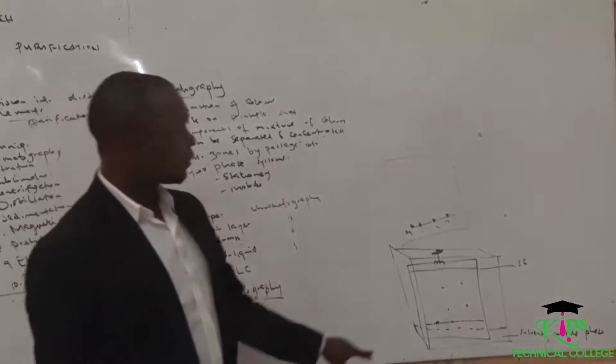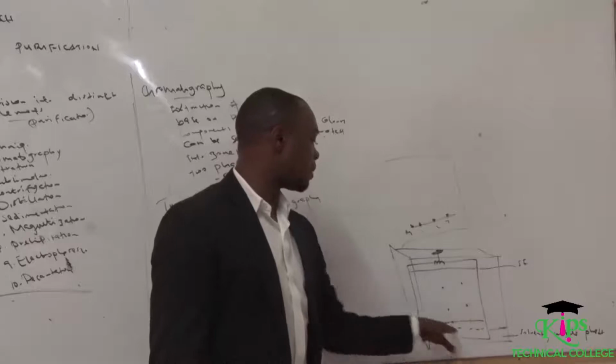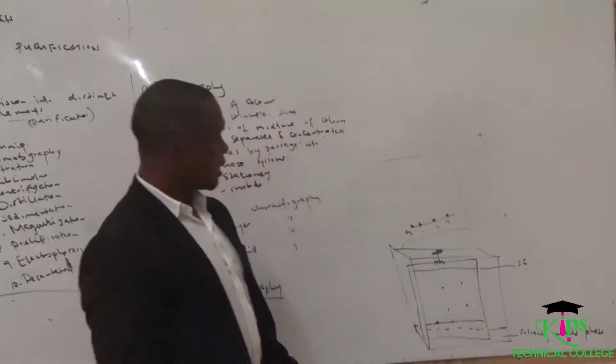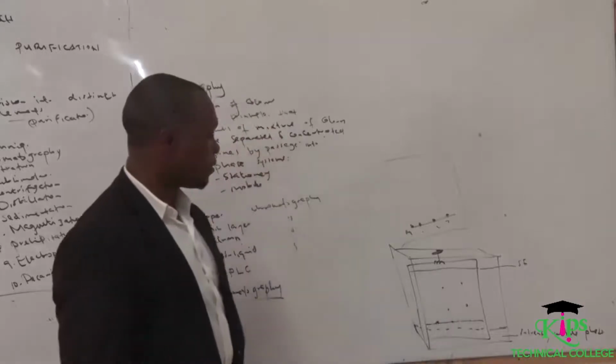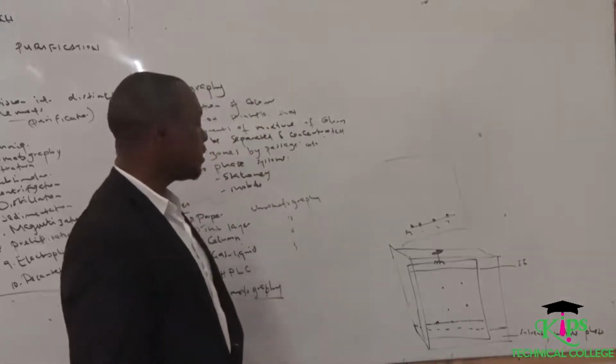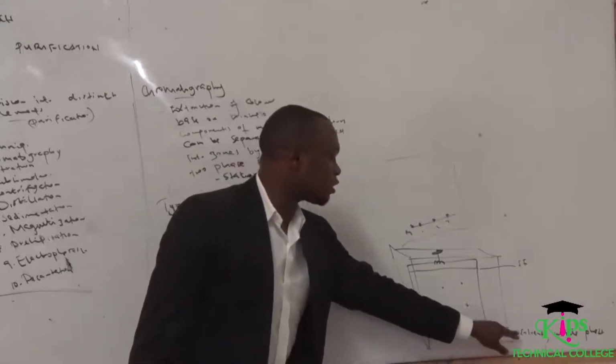As we have said, you obtain an absorbent paper or a filter paper, and then you mark a line. You place the ink from the three pens used in writing, and then you suspend your paper in a container with a solvent.